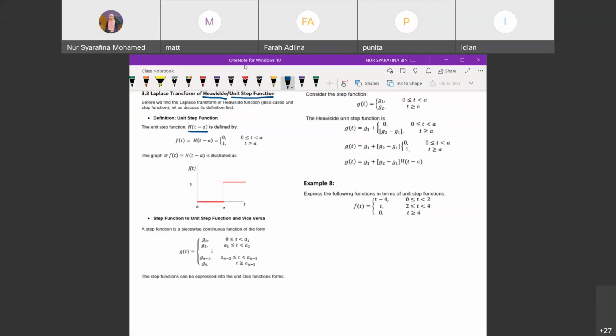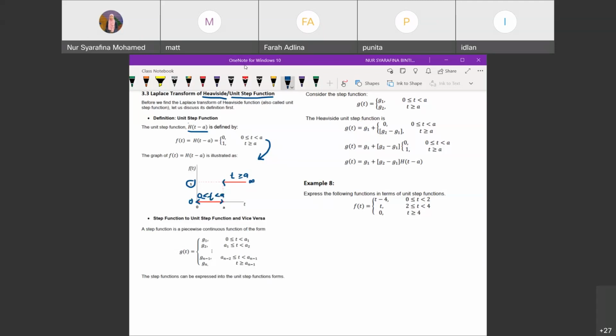If we want to illustrate this function in terms of a graph, from 0 to a it equals 0, and from a onwards to infinity it equals 1. So this is the definition of the Heaviside function.